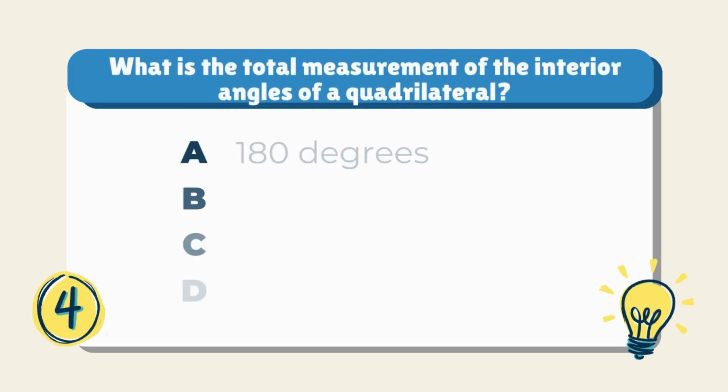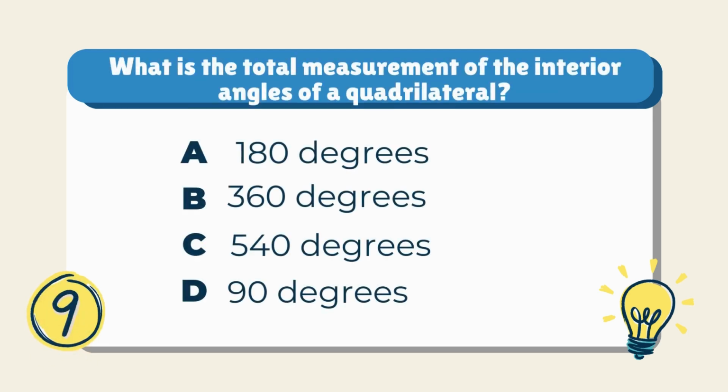Question number 9. What is the total measurement of the interior angles of a quadrilateral? A. 180 degrees. B. 360 degrees. C. 540 degrees. And lastly, D. 90 degrees.